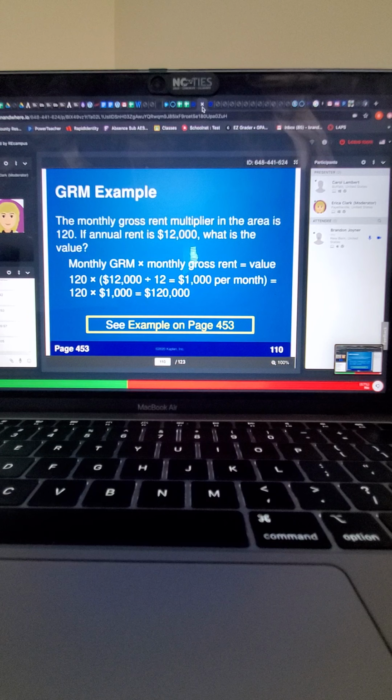Okay. You can do the gross rent multiplier one of two ways. You can do it monthly, or you can do it annual. Either way is okay.